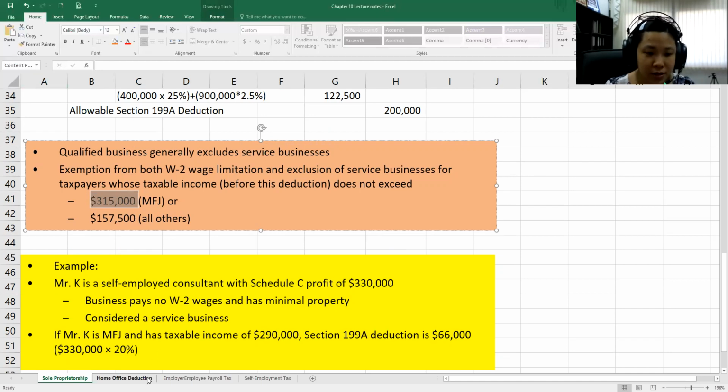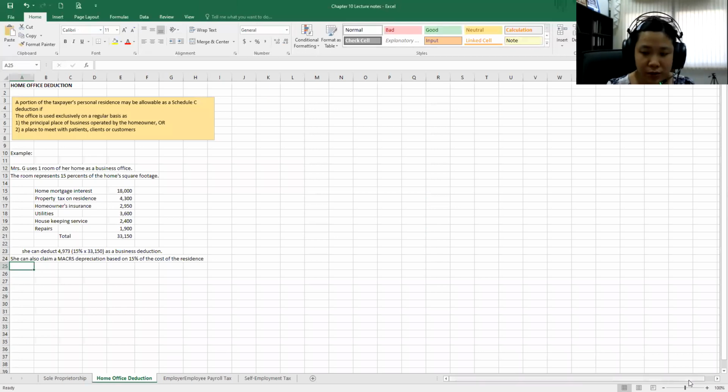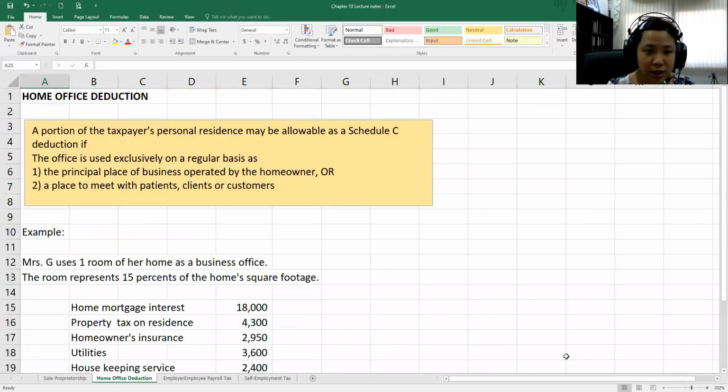Okay, now let's look at the next one, the home office deduction. The home office deduction is for somebody who uses a part of their home as the office, so they will be able to deduct a part of their home expenses for the business.